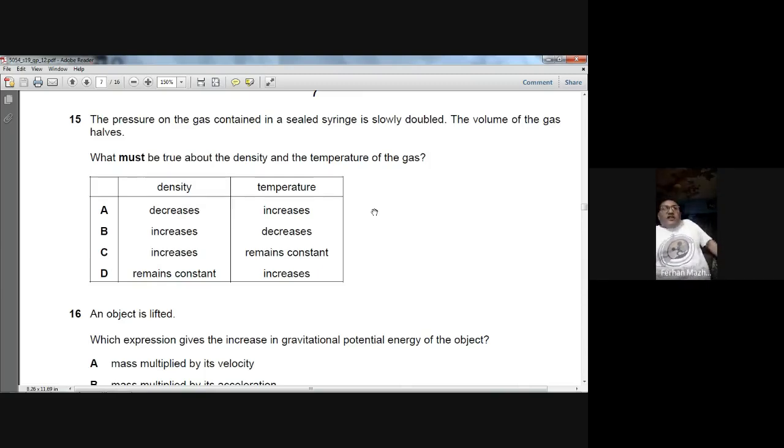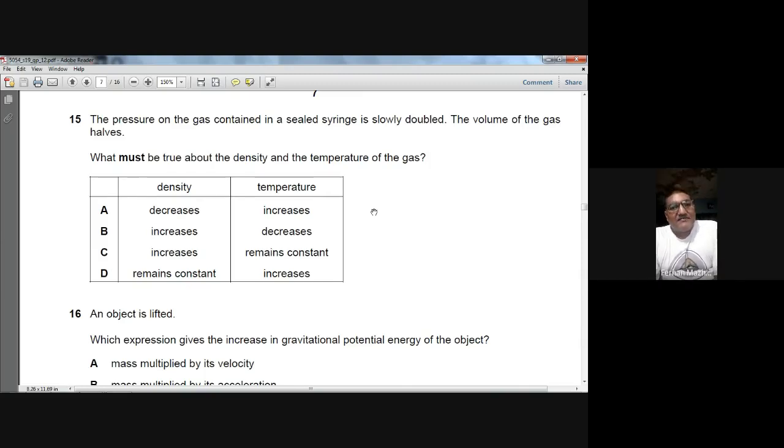Because the volume of the gas has become half, and density is mass divided by volume, the density will become double. So density should increase and the temperature should remain constant. So question number 15, C is the answer.